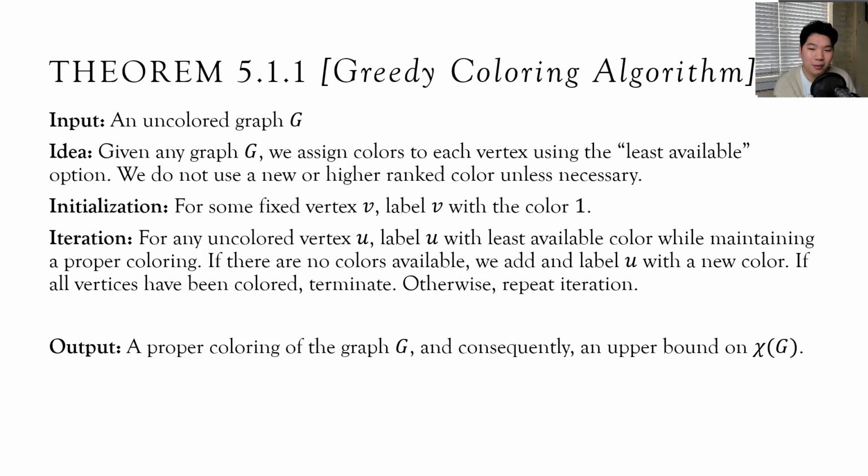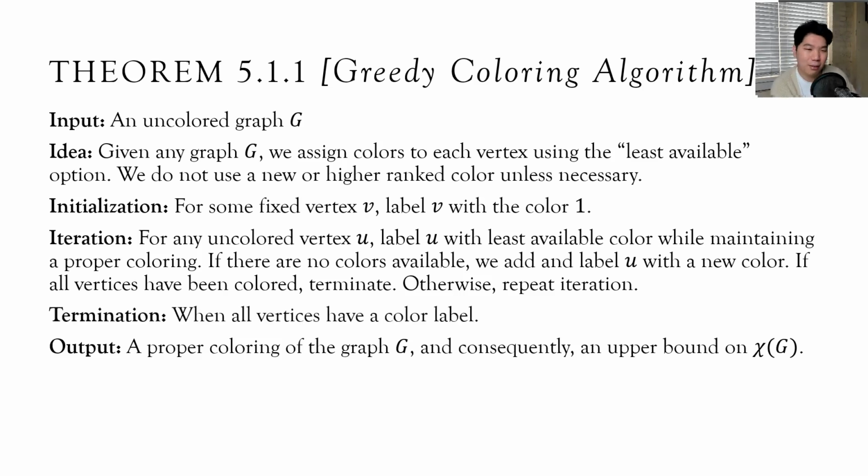And I'm going to label U with the least available color while still maintaining a proper coloring. So if I choose a color for U, I just want to make sure that I do not have two vertices with the same color being adjacent. If I'm unable to use any of my original colors, then I add a new color and label U with that new color. And then if all vertices have a color, I can terminate. But if there's still an uncolored vertex, I repeat my iteration.